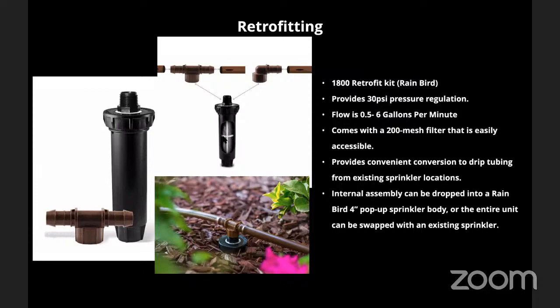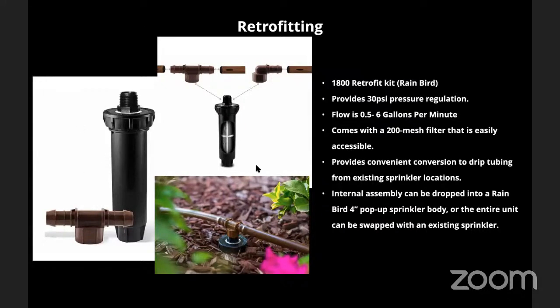And so instead of needing to cut back in and do surgery at your valve, if you're a homeowner with perfectly well functioning valves and you're a little bit hesitant to cut and start doing that PVC work, then if you have an existing irrigation system for that area, like it used to be turf or just used to have overhead spray sprinklers, you essentially can unscrew a 4-inch pop-up sprinkler, which is a pretty standard size, and then screw on this thing, which looks like a sprinkler, but is really to convert, and then have the pressure regulation and the filter for drip.